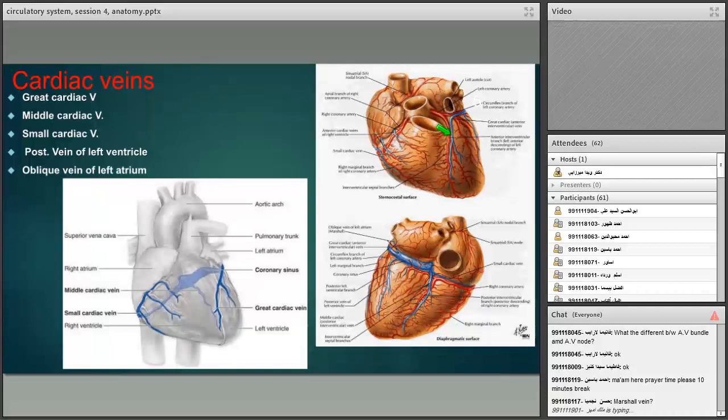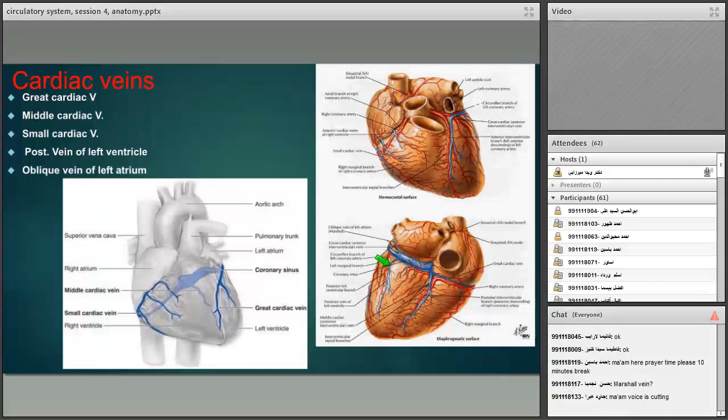The great cardiac vein and the posterior vein of the left ventricle are connecting to each other. I will repeat.